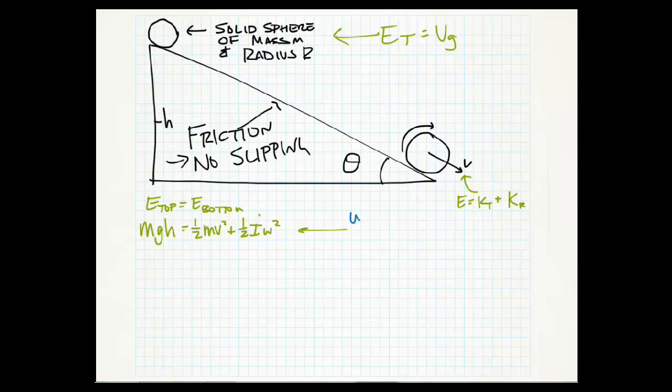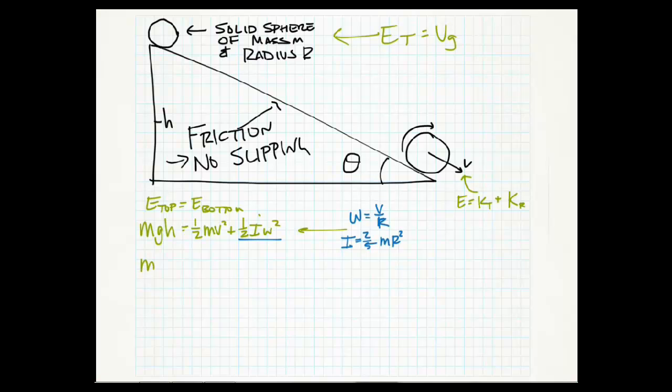One, since we're not slipping, omega is equal to v over capital R. Omega is v over r. We're going to plug that in. We also know that because we have a sphere, I is equal to 2/5 mr squared. Both of those things we can put in for this expression for our kinetic energy.